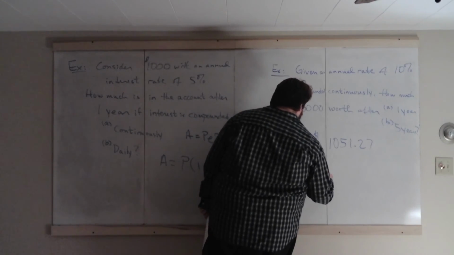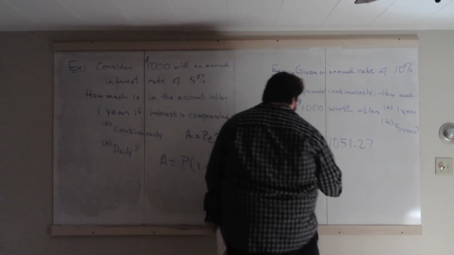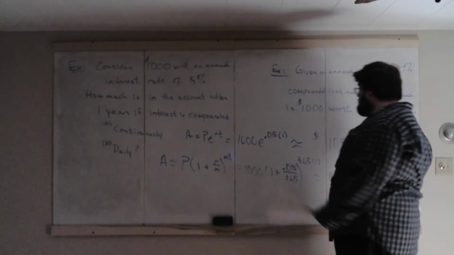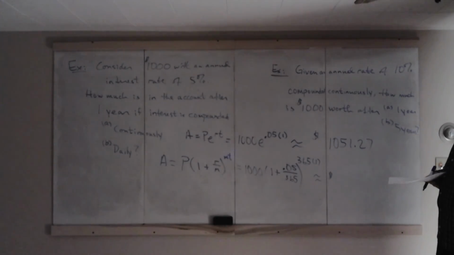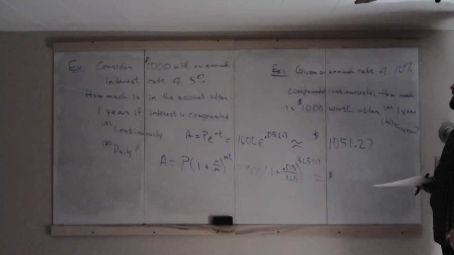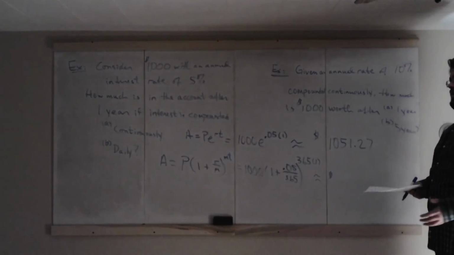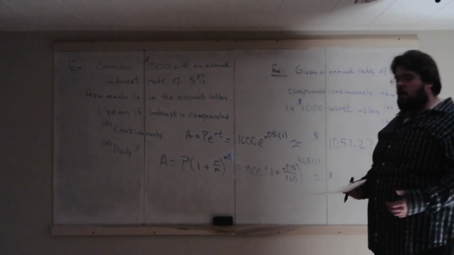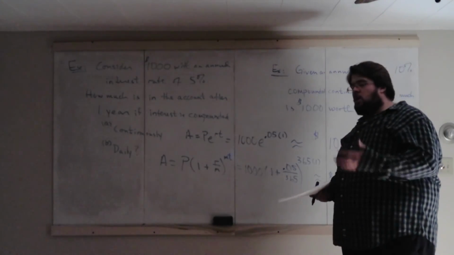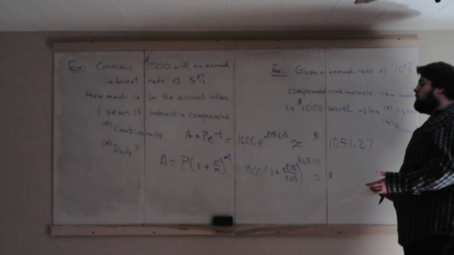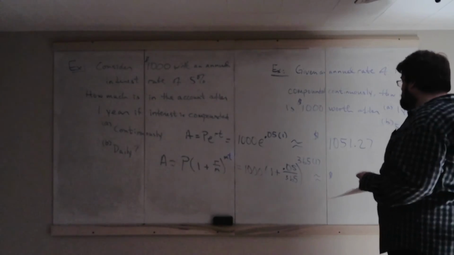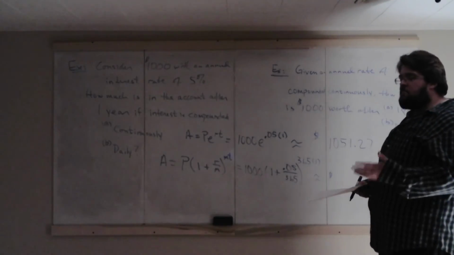365 times t, which is 1, and this is approximately equal to, now what do we suspect this might be approximately equal to? Right before, when we discussed continuous compounding, we said that compounding a bunch of times per year doesn't really change much as that number gets very large. I mean, there is a small gap as the compounding periods go up.